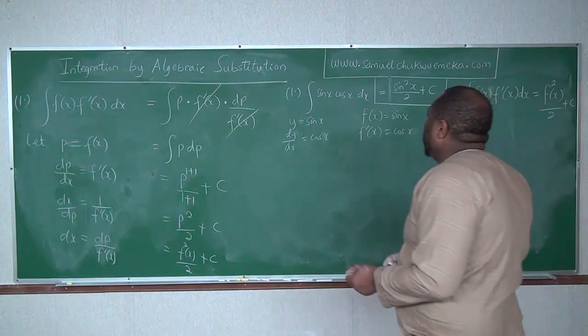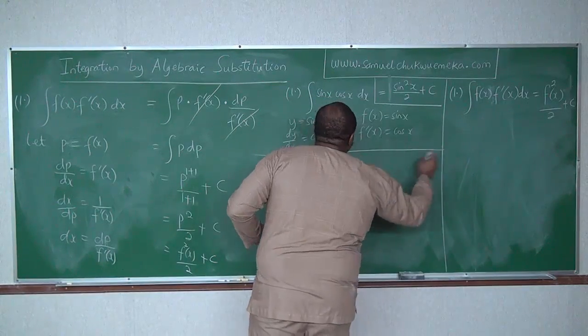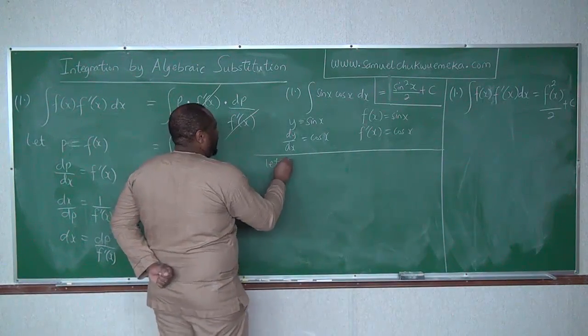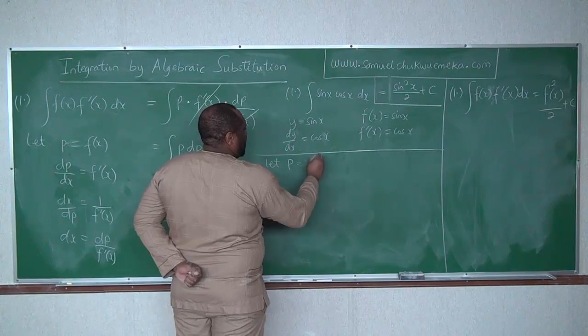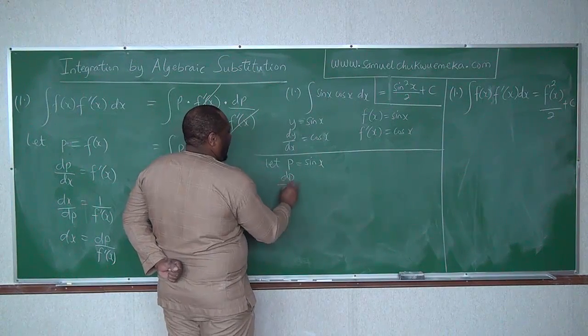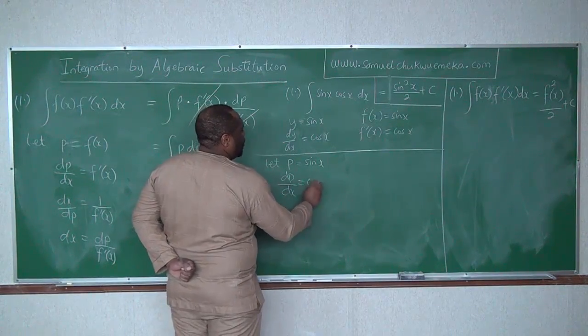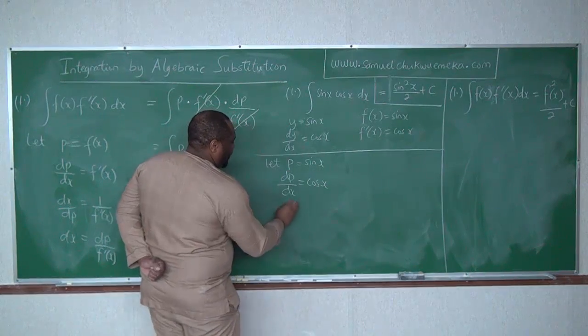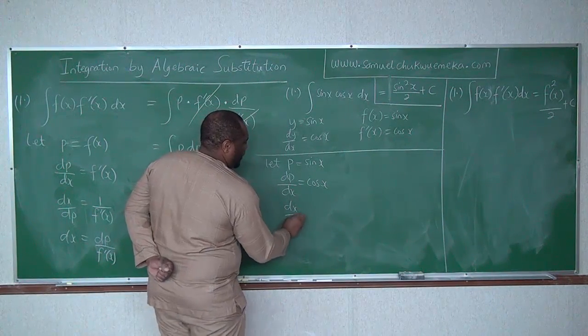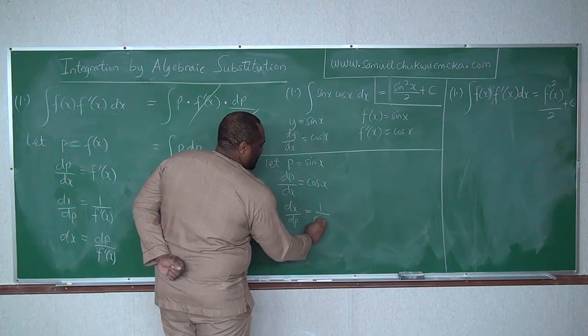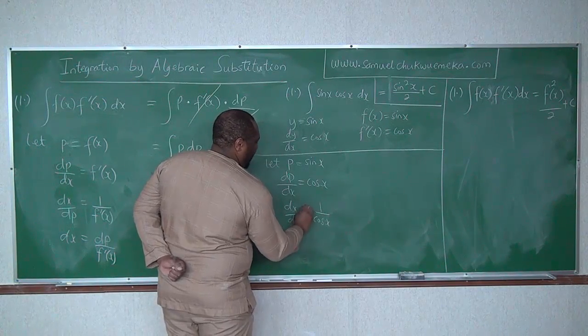Let's solve it. So how do we solve this? We say let p be sine x, the dp/dx is cos x, the dx/dp is 1 over cos x. Do you see the format?